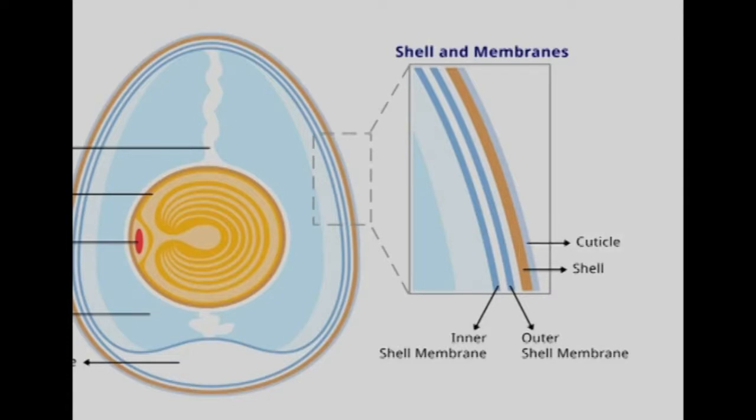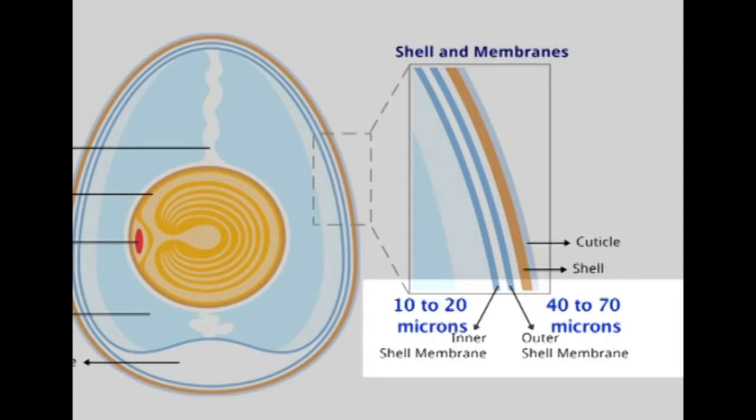Now, the shell membrane consists of air cell, outer shell membrane and inner shell membrane. The inner and the outer shell membrane measure around 40 to 70 microns and 10 to 20 microns in thickness respectively. And the air cell is situated in between the two membranes, usually on the broader end of the egg.